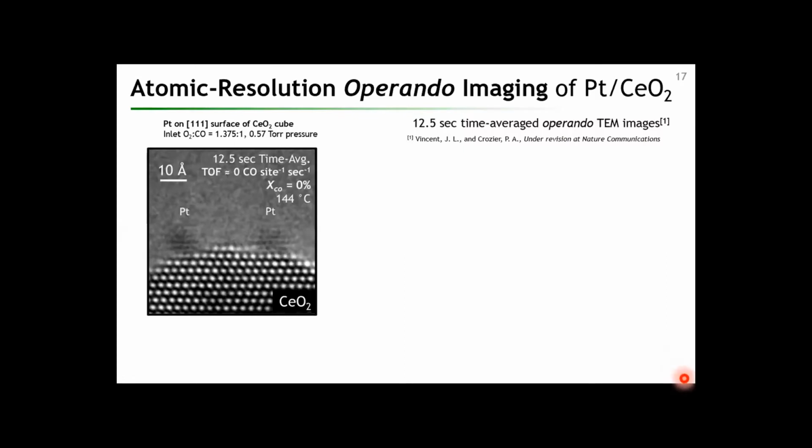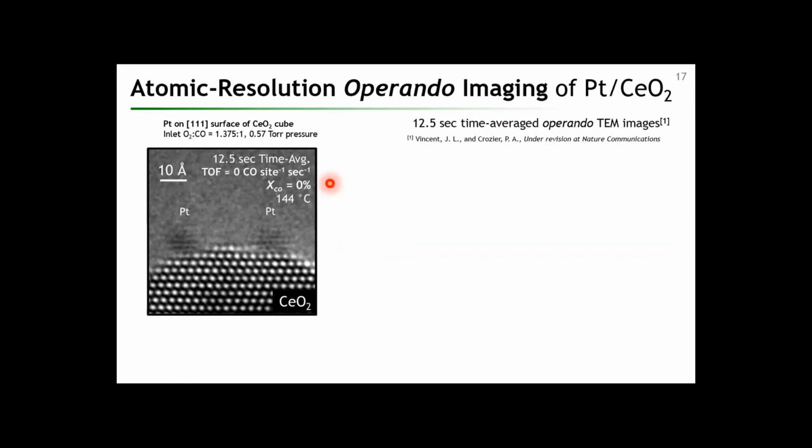Okay, so here's a time averaged image of 2 platinum nanoparticles on cerium oxide. This is under a CO oxidation reactant gas atmosphere at about 150 degrees Celsius. These are the platinum nanoparticles, and this is the cerium oxide support. The oxygen wasn't resolved in this experiment, but these bright intensity features are columns of cerium atoms.